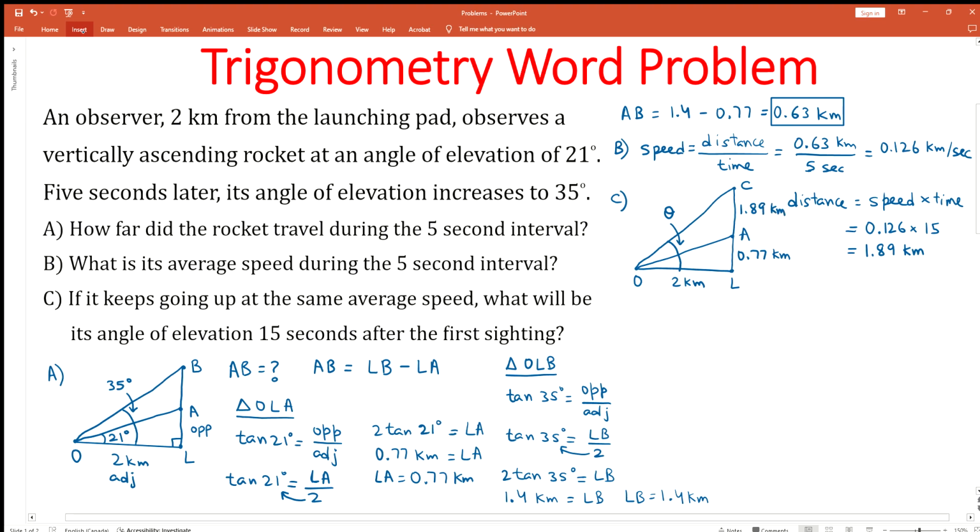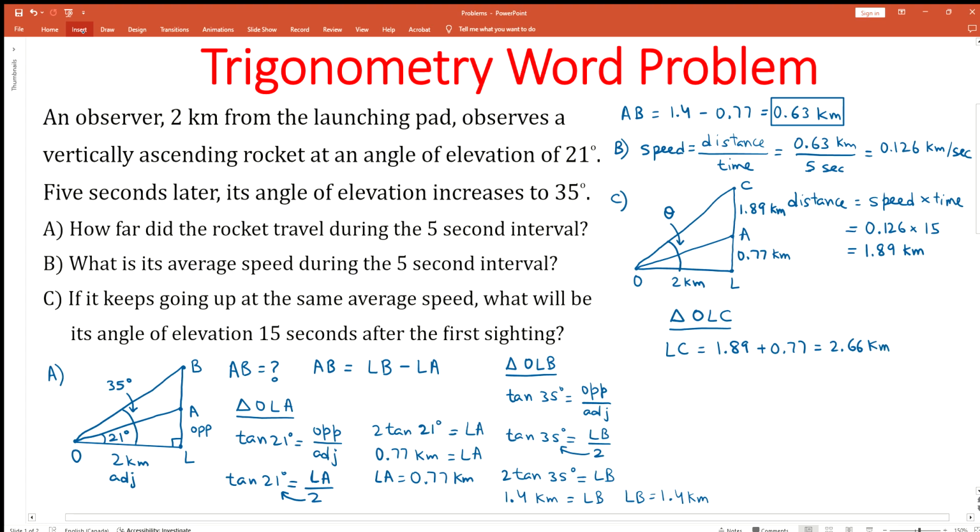We can find the measure of angle theta, the angle of elevation of the rocket at point C, by analyzing triangle OLC. In this triangle, we know the length of side OL, which is 2 kilometers. The length of side LC is equal to 1.89 plus 0.77, which is equal to 2.66 kilometers.